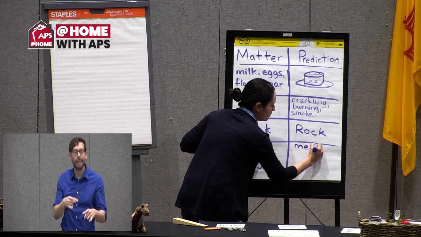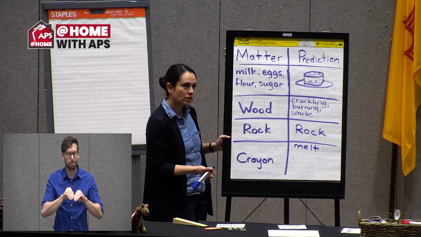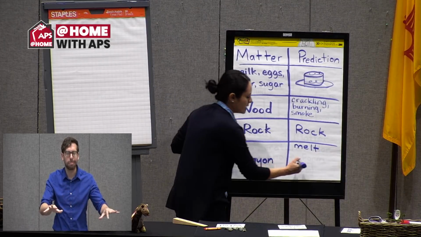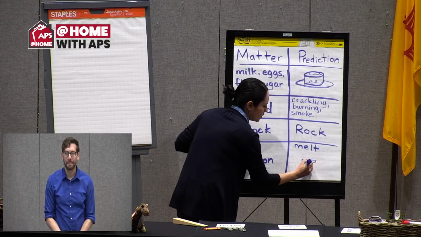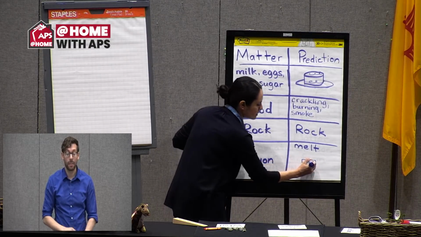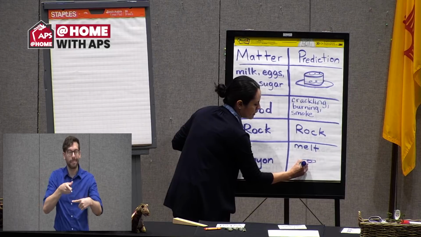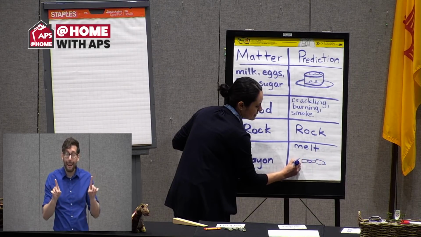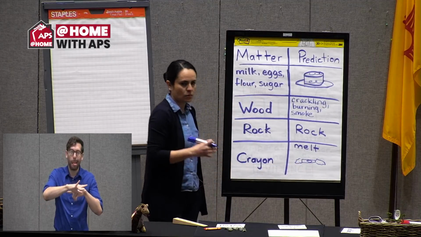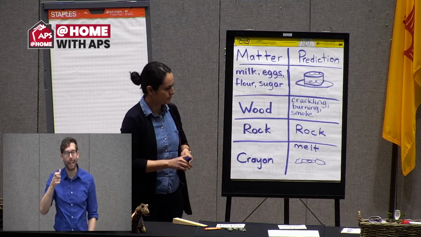I'm going to do my best to draw a picture of what I think it might look like. I think the paper around it might look the same. So this is the paper around it. But maybe this part's like oozing. It's melted. The wax has melted out.